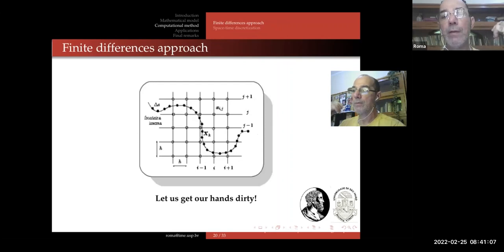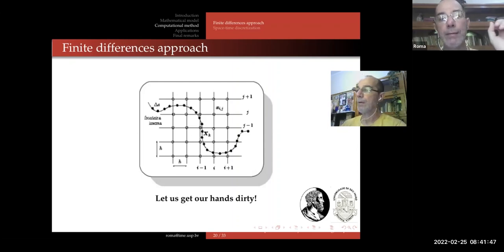At these nodes you have the fluid velocities defined, pressure defined, material properties defined, everything you may want to discretize regarding the flow. And you will approximate the solution of the mathematical model only on these grid nodes.